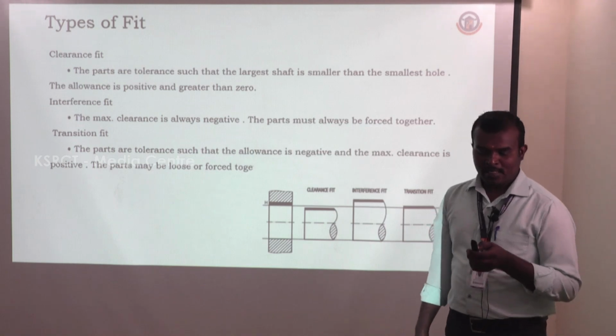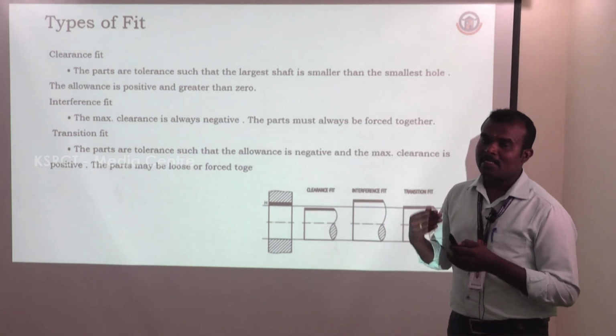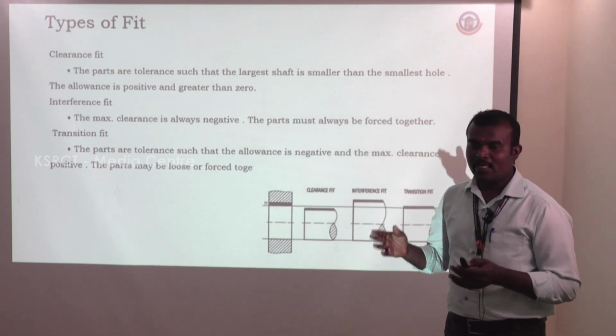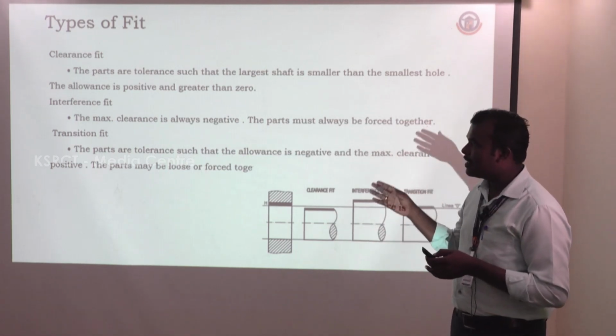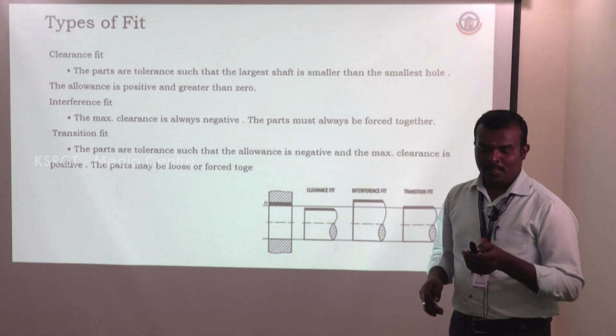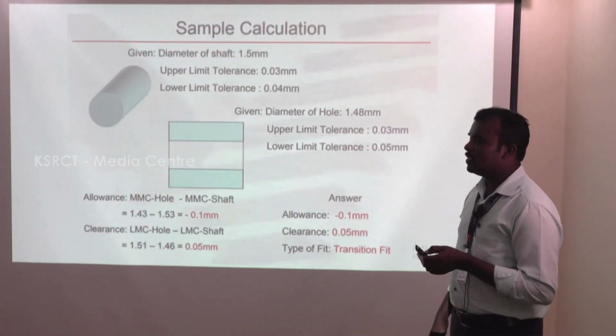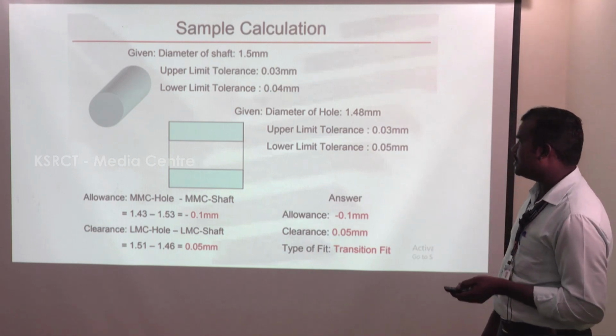Based on the clearance and allowance value, we have to segregate the types of fit. The types of fit are interference fit, transition fit and clearance fit. I will show you an example. Before that we have a simple calculation, after that we discuss these things.